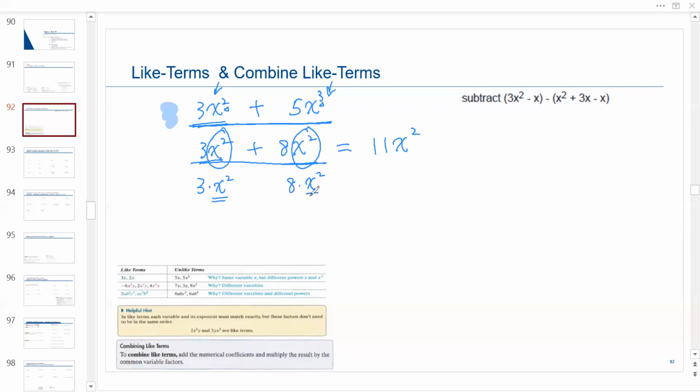This is like a factor, x squared, with 3 times this one and 8 times this one. So this is one of the factors of these numbers. So they can combine together, right? This part doesn't change. For the rest, only the coefficient part is added together. So you get 11x squared, right?